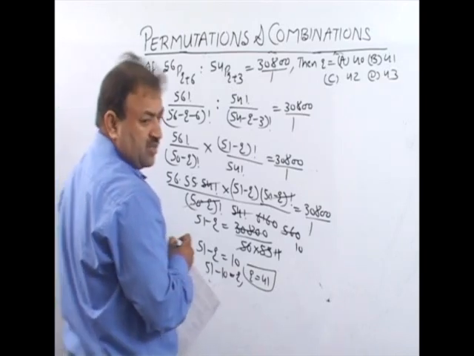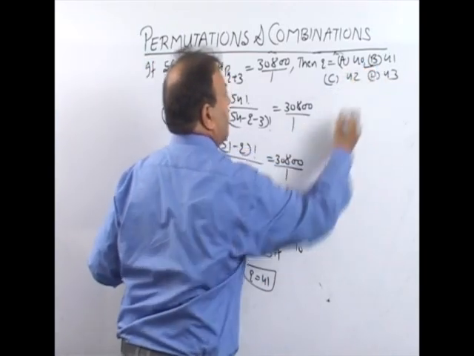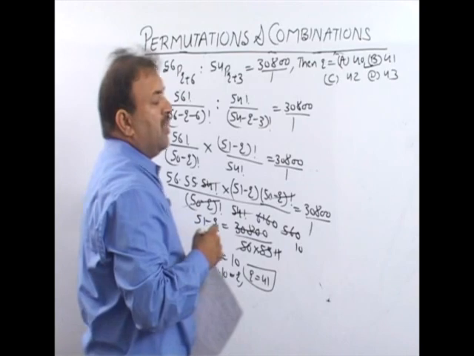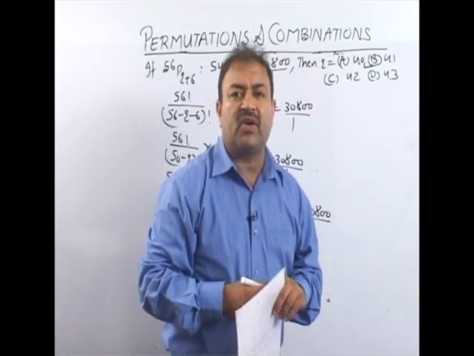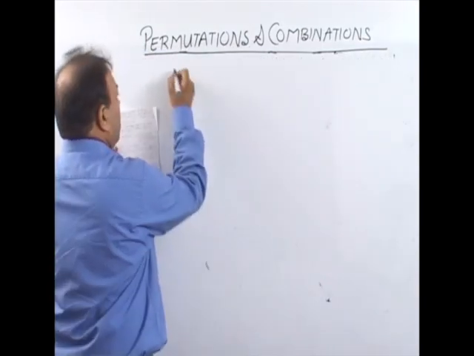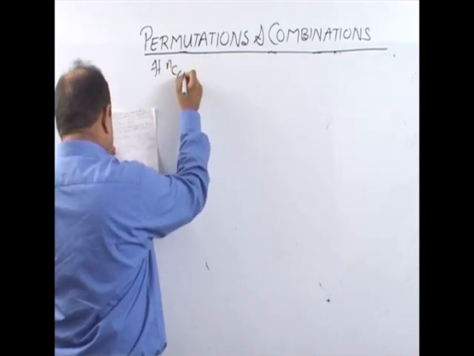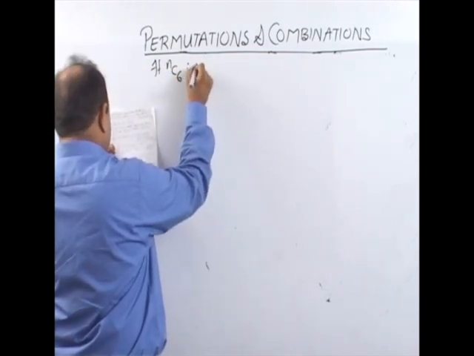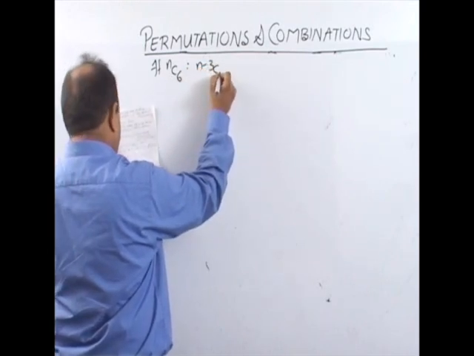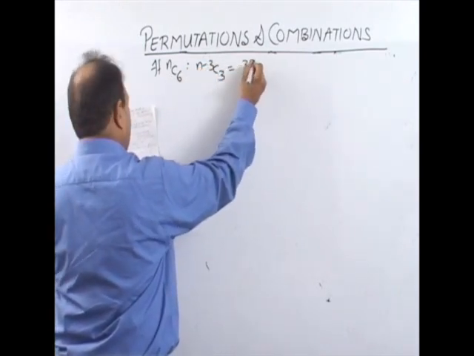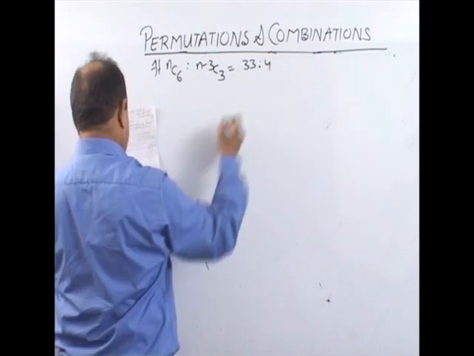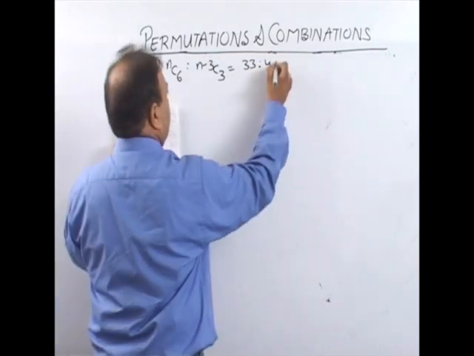So the right answer is B part. So इस question में B part is our right option. Now the next problem is: if nC6 ratio (n minus 3)C3 is equal to 33 ratio 4, then n equal to?